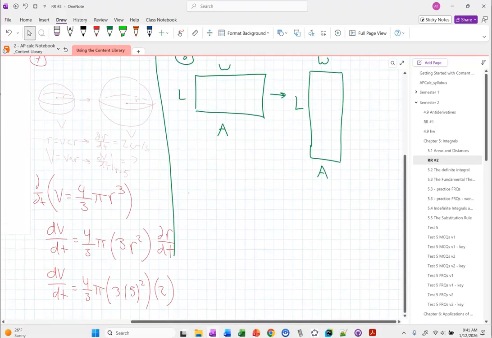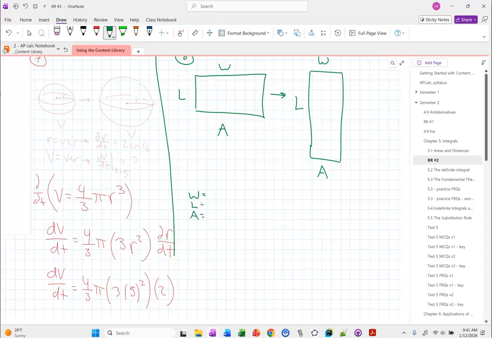So I have 3 parameters here, right? All of these should be changing, so they're all variables, so they're all going to generate a rate variable.